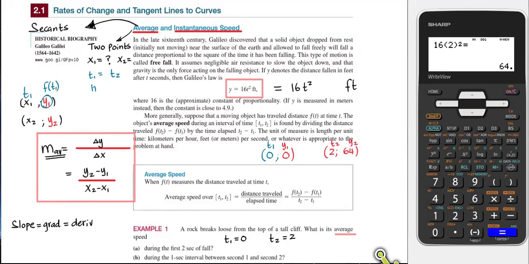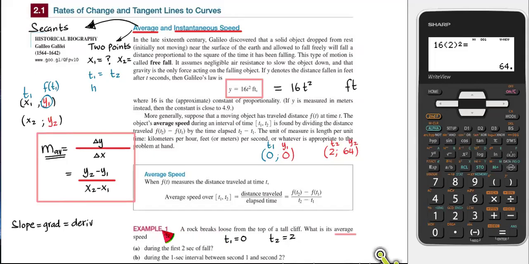So all you have to do is use that formula. Though they call it average gradient, it stands for different types of averages. In this case, instead of calling it average gradient, we're going to call it average speed, because that's what they requested.